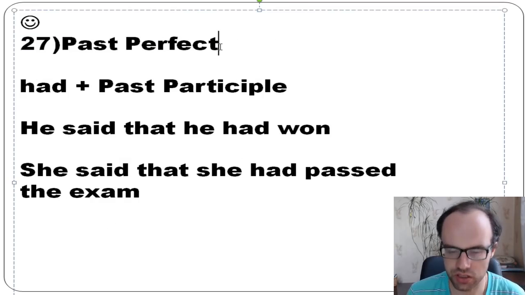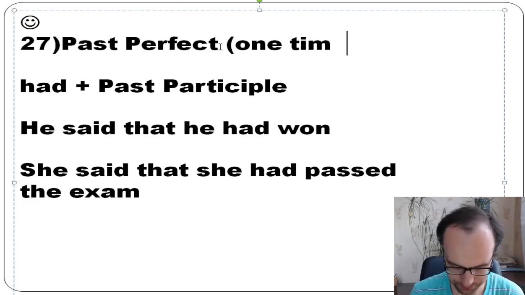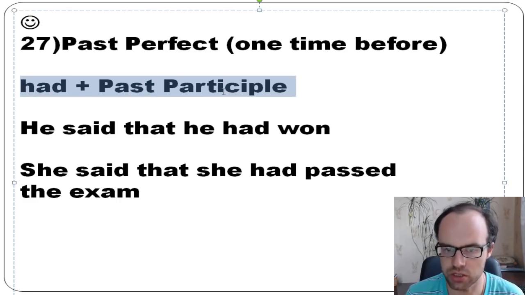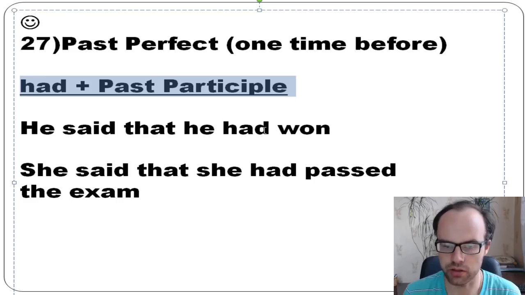Well, so past perfect. We talked about it, that it's one time before, had plus past participle. He said that he had won. So first he won and then he said.